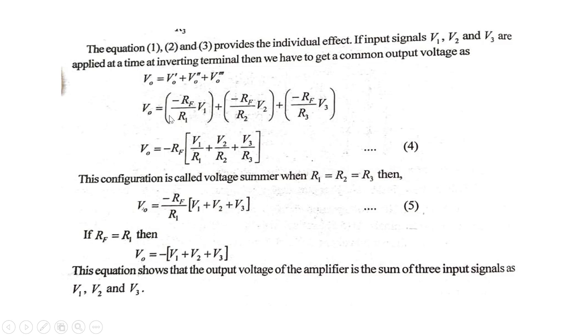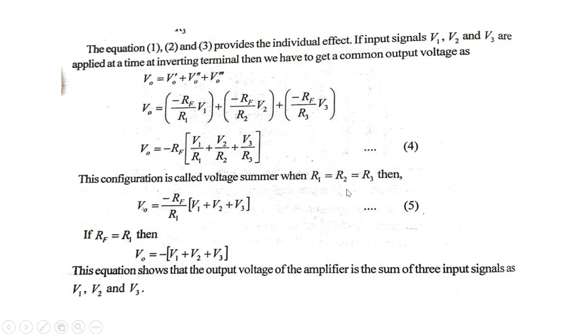So V0 = -(RF/R1) × V1 + -(RF/R2) × V2 + -(RF/R3) × V3. Therefore, V0 = -RF (V1/R1 + V2/R2 + V3/R3). This configuration is called a voltage summer.